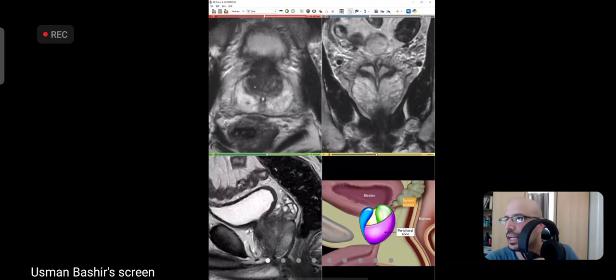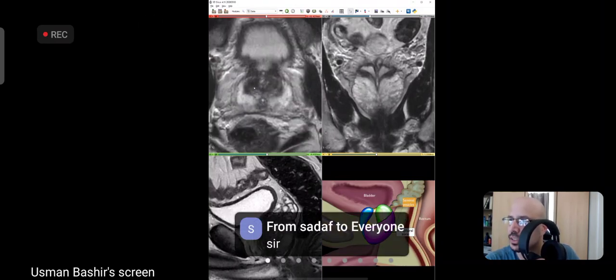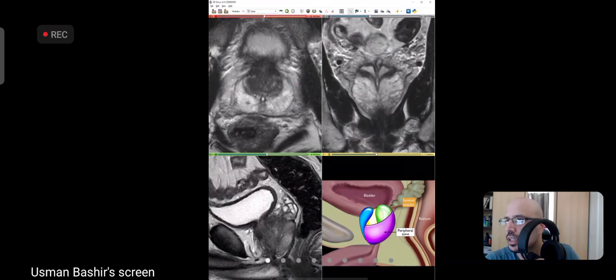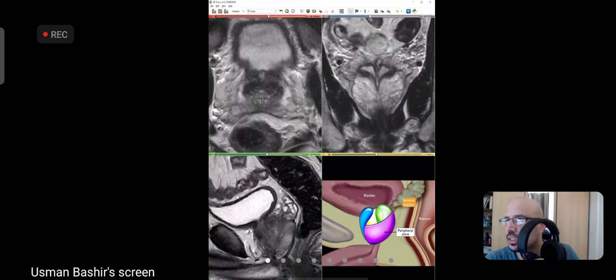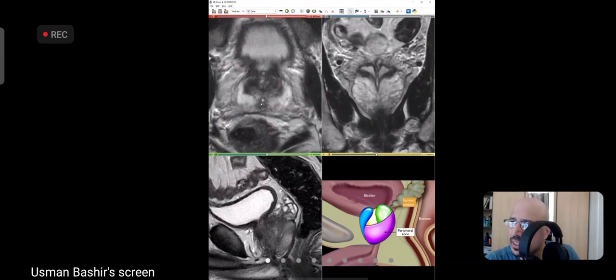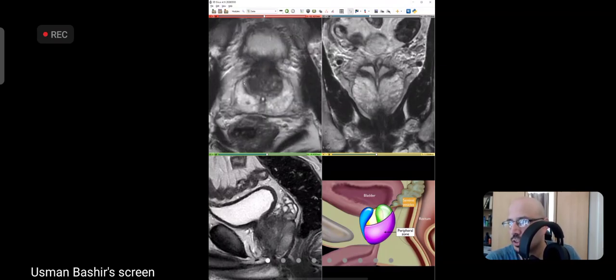And you keep coming down, and it merges with the transitional zone, and you can't differentiate. Okay? So this very dark bit, the central zone, this is the ejaculatory duct, anteriorly. Central zone, come down, come down, come down. As the urethra forms, the ejaculatory ducts disappear, the central zone is gone. Now it's all transitional zone, right?